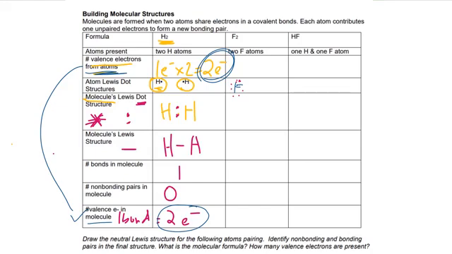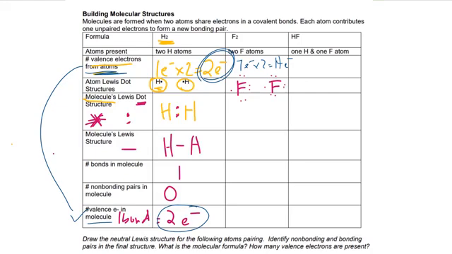That one's kind of tricky. And let's do another F over here: 1, 2, 3, 4, 5, 6, 7. All right, so each one has 7 valence electrons. So times 2, we should have 14 electrons.